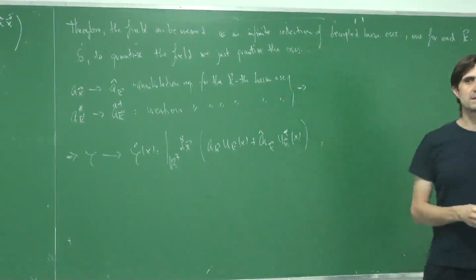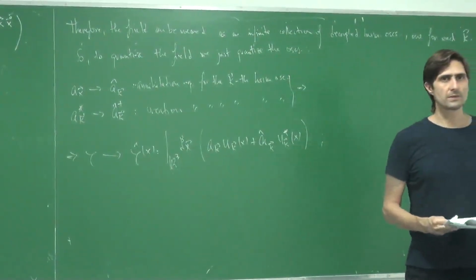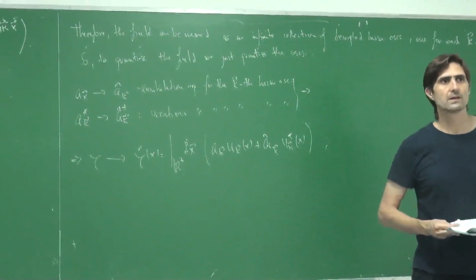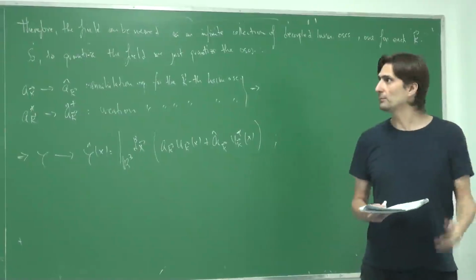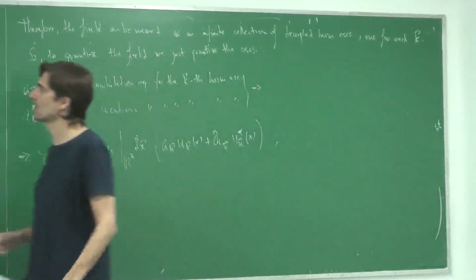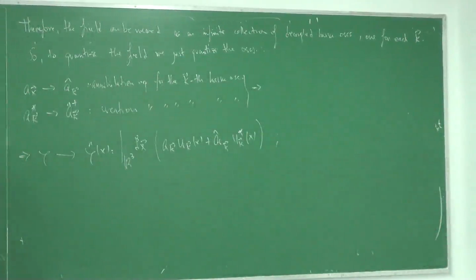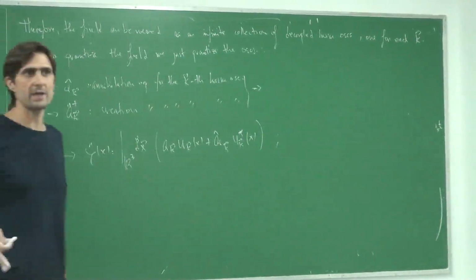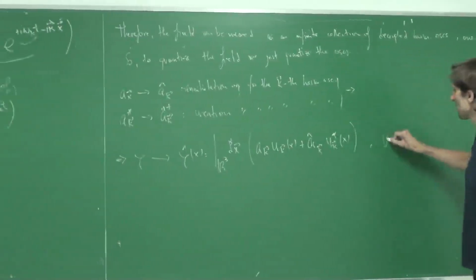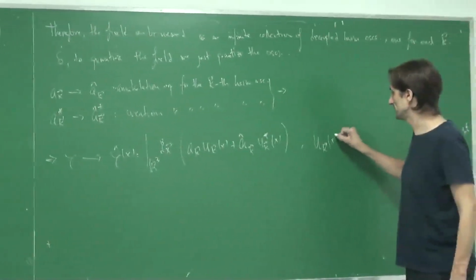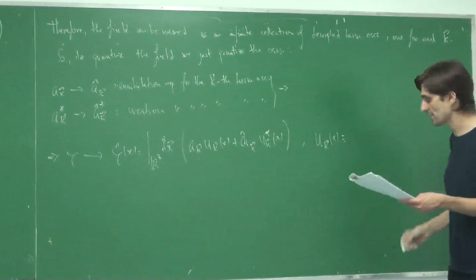The u_k's are mode solutions of the Klein-Gordon equation, and I gave a proportionality factor at the start. Now I'm choosing the proportionality factor to absorb this here. I'm going to justify why that's what we want, but so far, I just defined the mode solutions with this factor included.